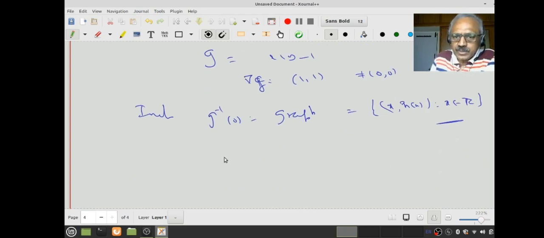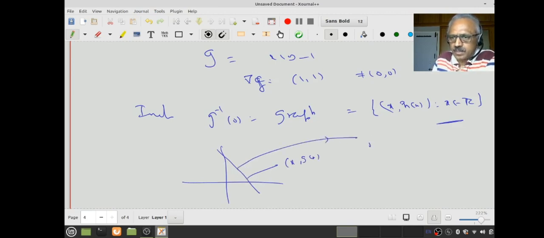Therefore what I am doing is, this is the graph (x, g(x)), and for any point x, x squared plus y squared is my f. So I have the function x going to (x, g(x)), and that going to f of (x, g(x)).